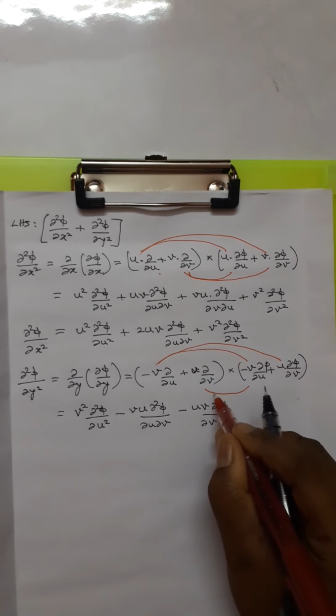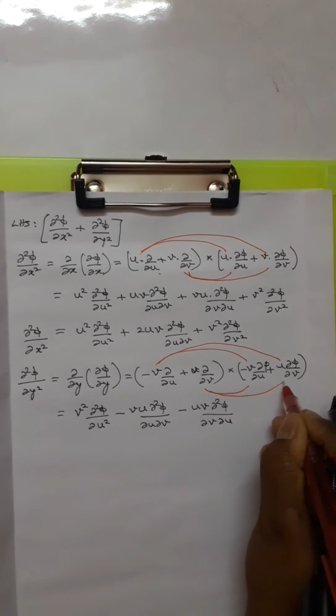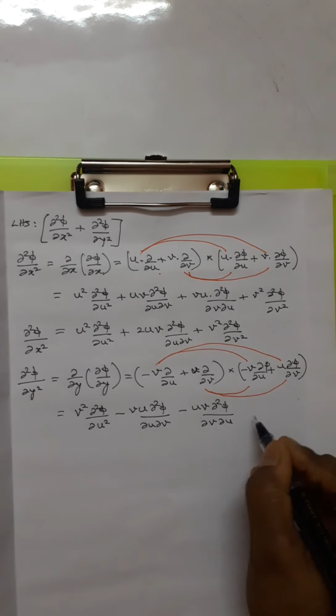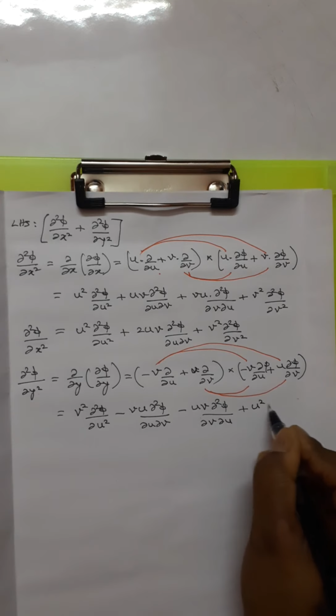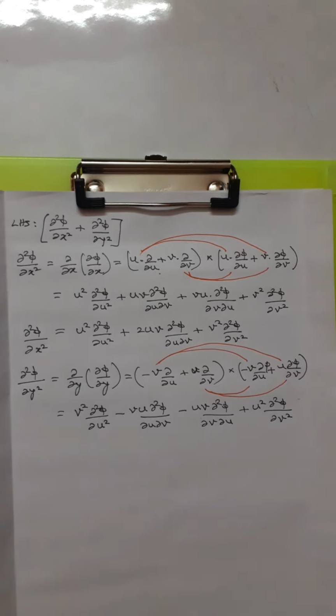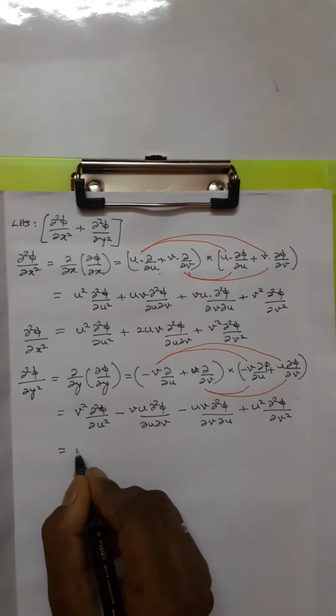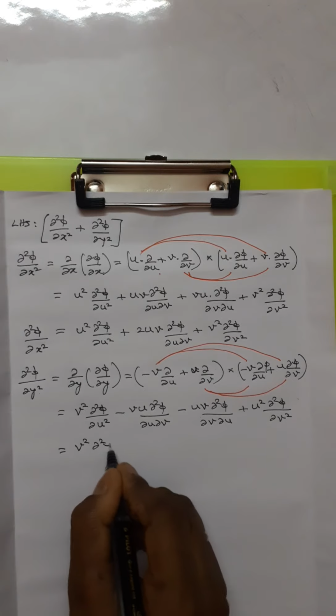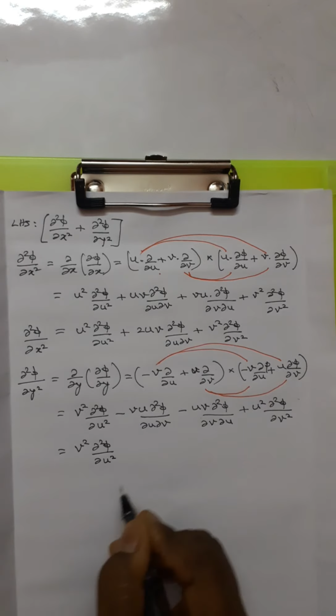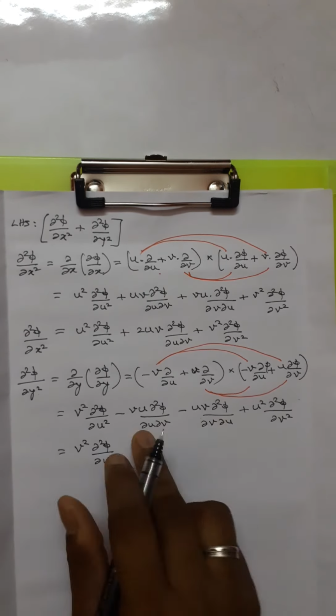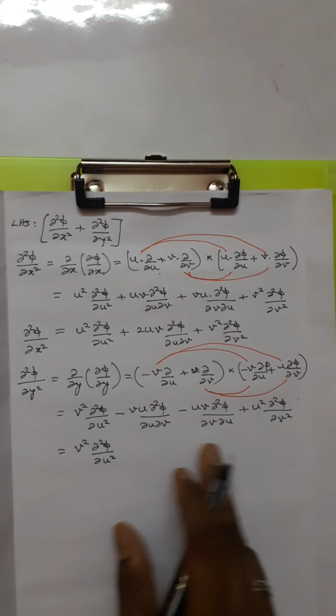Next, finally this along with this, plus u square dou square phi by dou v square. So simplifying it further, which is equal to v square dou square phi by dou u square minus 2uv. These two terms are same.